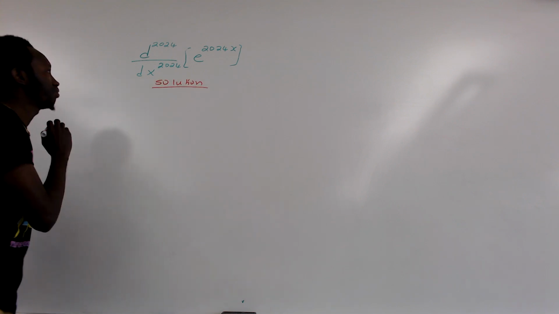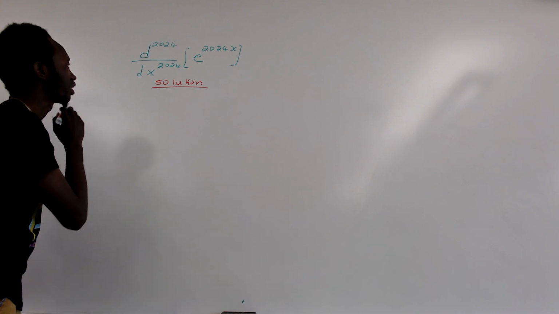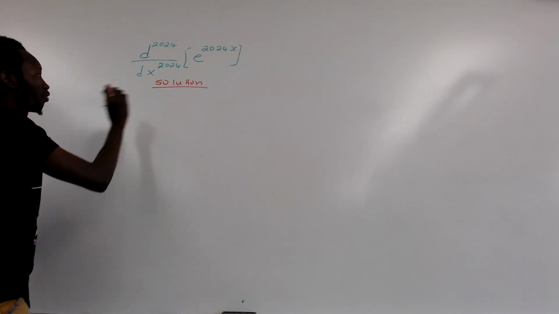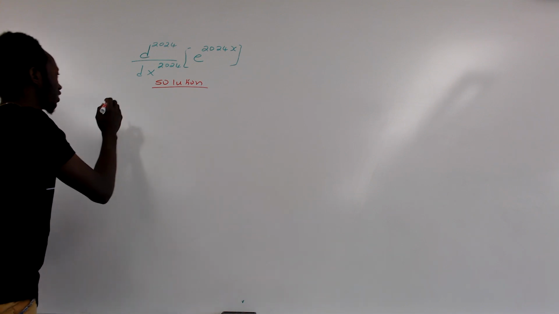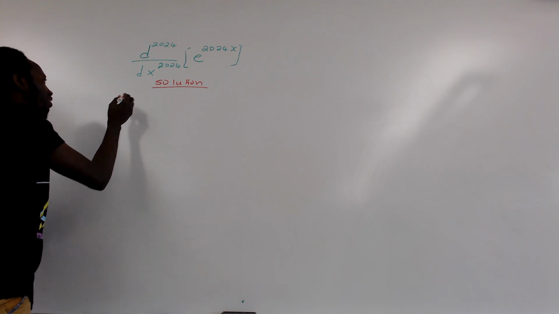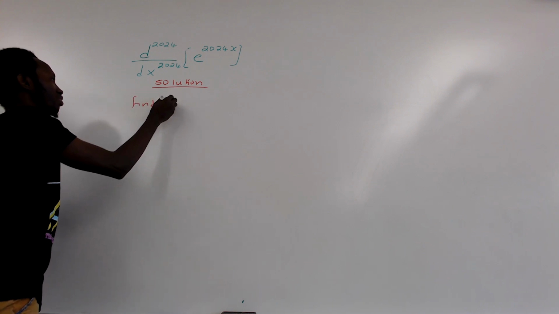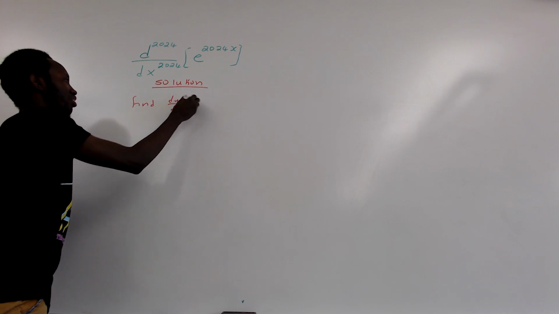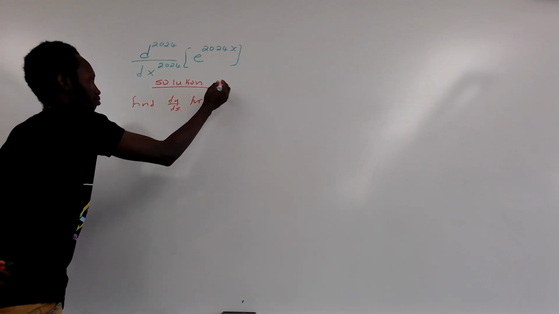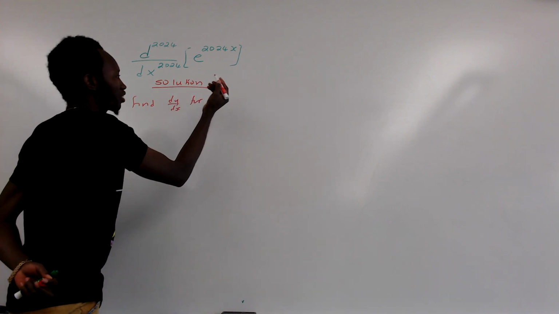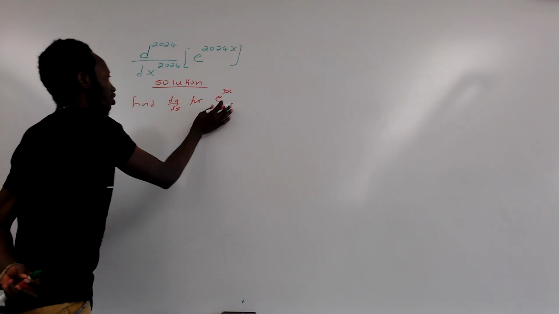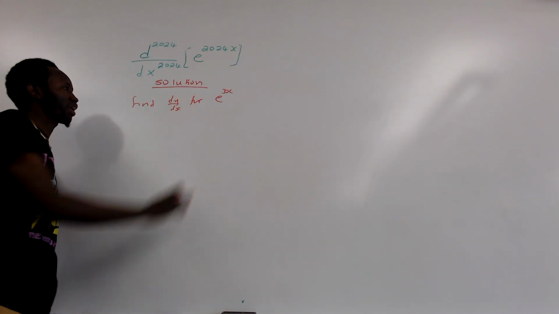So let's say we find the nth function. But before we find the nth function, let's find dy/dx for e raised to 3x, or 4x, or 2x. Let's say 3x. So that's going to be the derivative of e raised to 3x.